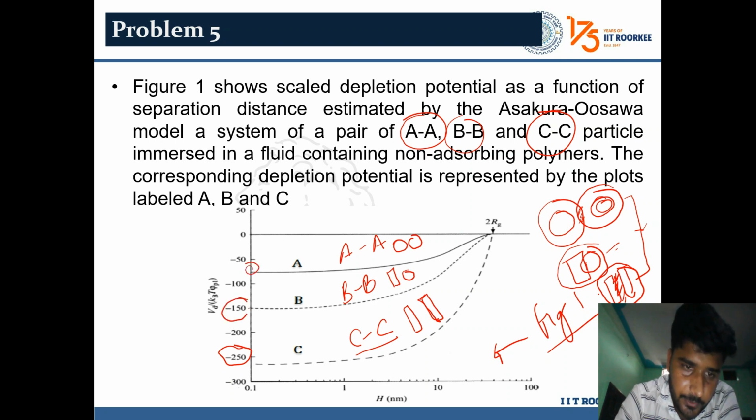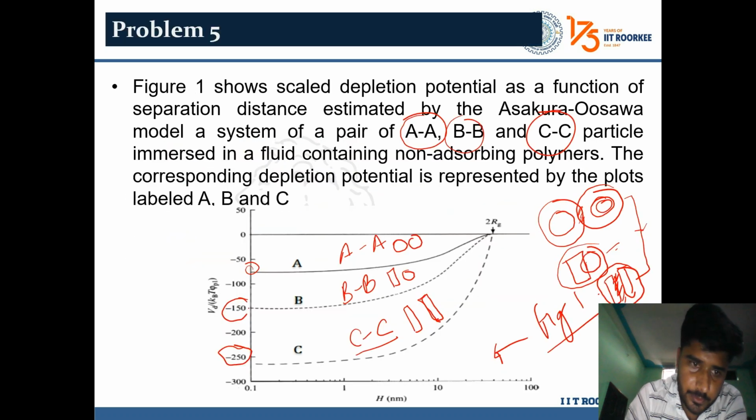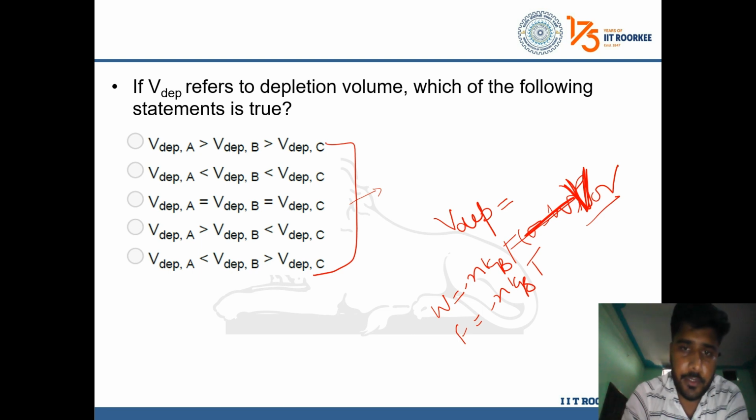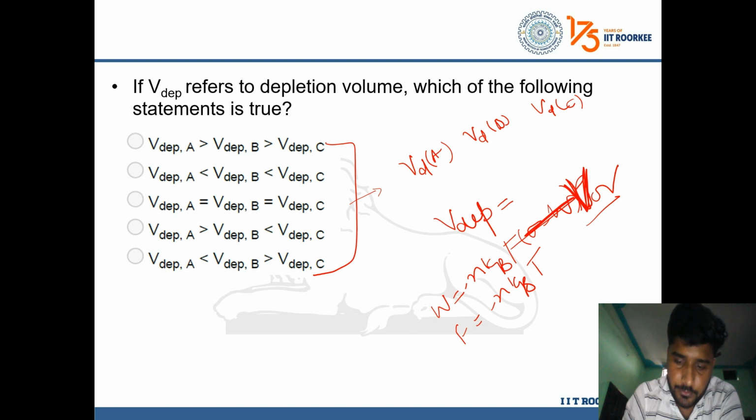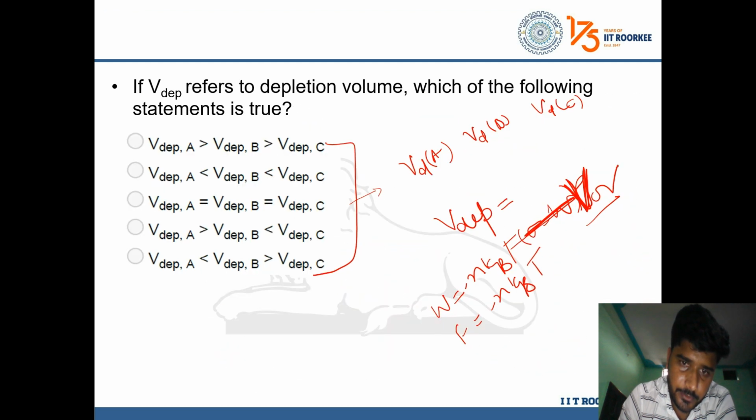Let me denote the depletion potential by Vt in case of A, B and C. On the basis of this graph, the depletion potential value will be greater in the case of A particles, then B particles, followed by the C type particles.